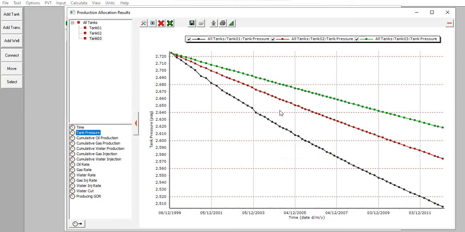You can see this from the size of the reservoir, or from the initial oil in place. Tank 1 will have the smallest OIP, oil initially in place. That's why we can say it will be smaller in size, and of course the reservoir pressure will decline faster compared to the third tank or second tank.